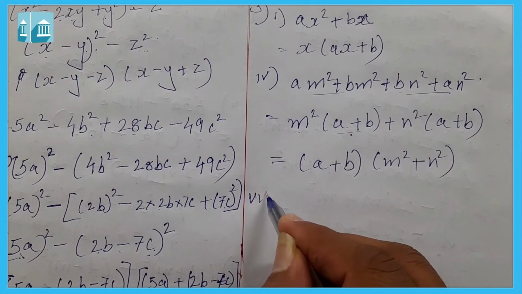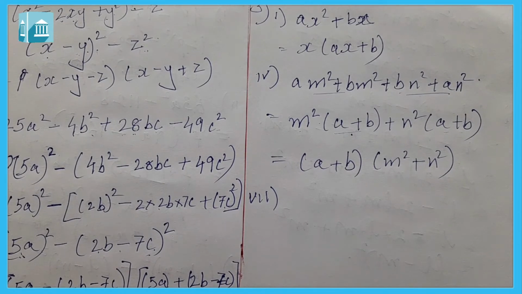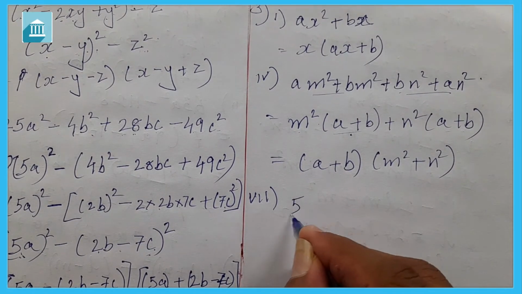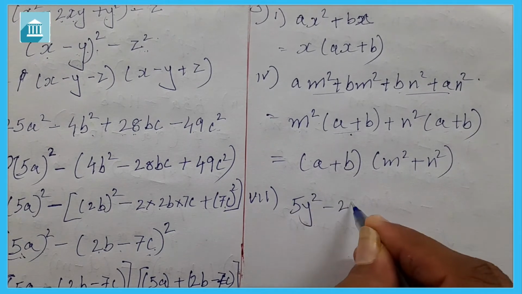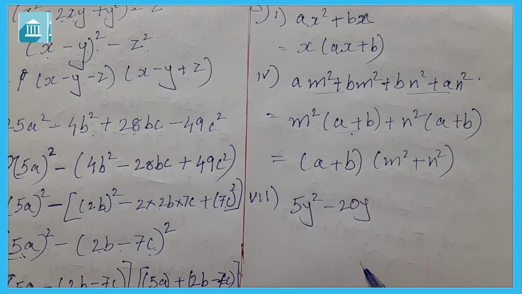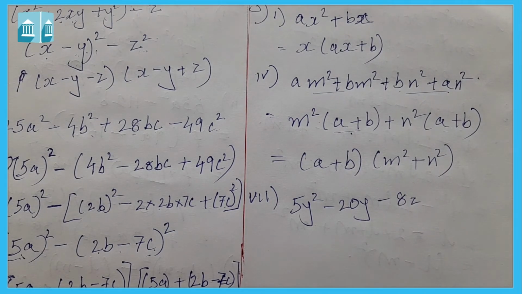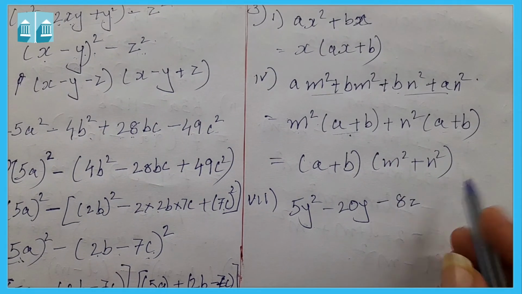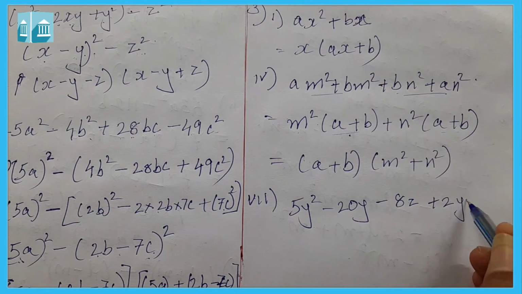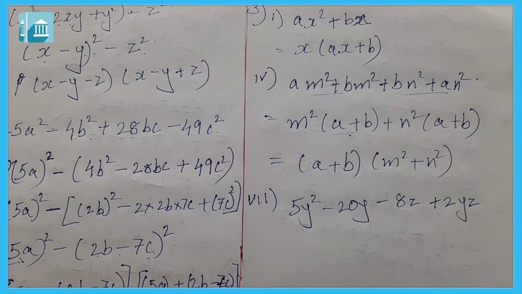Let us do question number 7. Here question number 7 is 5y square minus 20y minus 8z plus 2yz.